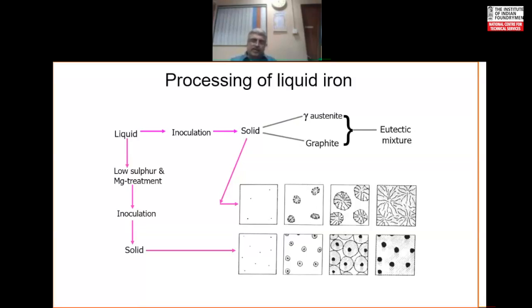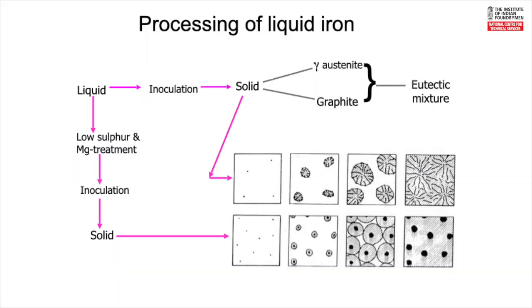While in case of ductile iron, you call it a divorced eutectic. That means austenite and graphite are not like what you are seeing here in the gray iron case. They are growing separately.